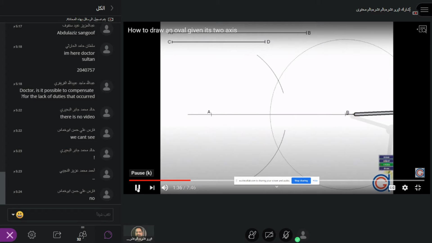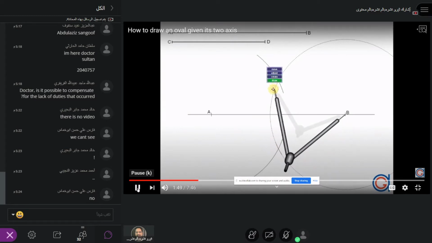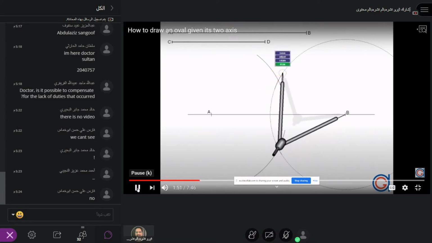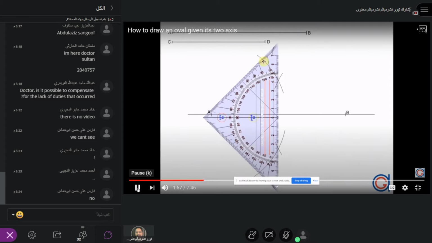These arcs are going to have the same radius. The only condition is that the length of the radius must be longer than half the length of the axis AB. These arcs intersect at 2 points, which we will join to obtain our perpendicular bisector. This perpendicular bisector cuts the axis AB at a point which we will call O.